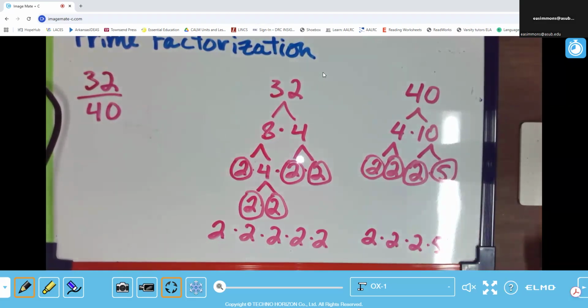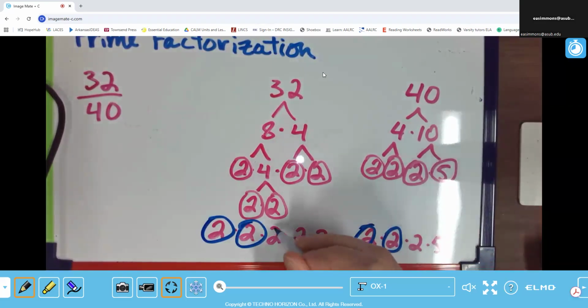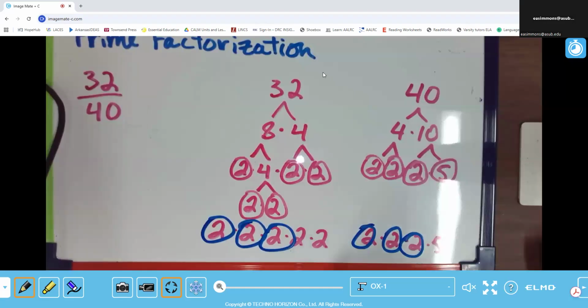Now to find a common factor that we can pull out of 32 and 40, we'll circle the numbers they have in common. So they both have a 2, they both have another 2, and they both have a third 2. 32 has 2 extra 2's and 40 has a 5.